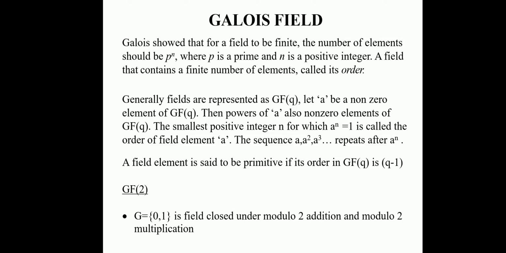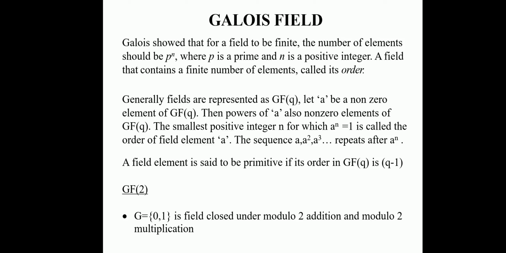So for an element A, if we represent it as A raised to 1, A raised to 2, A raised to 3, etc., then at a particular value, for example, if A raised to 3 is equal to 1, then that 3 is called its order. After this 3, the powers will repeat again. That means A raised to 1, A raised to 2, etc. will repeat.